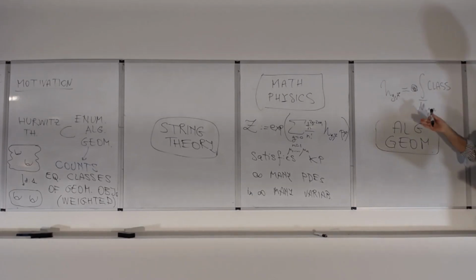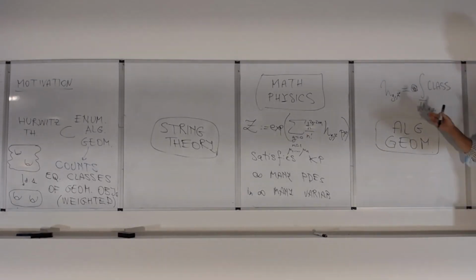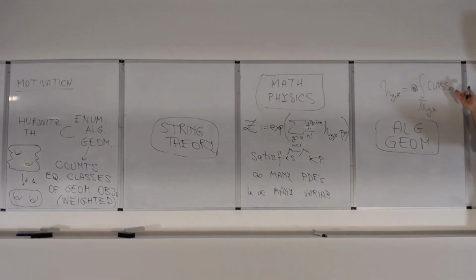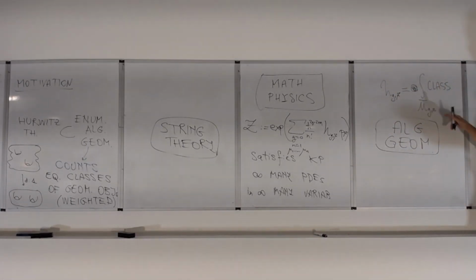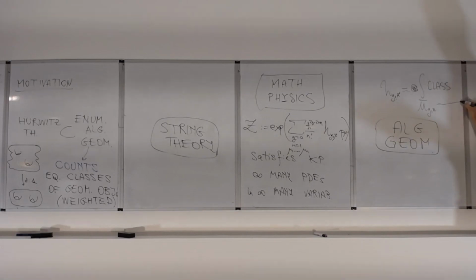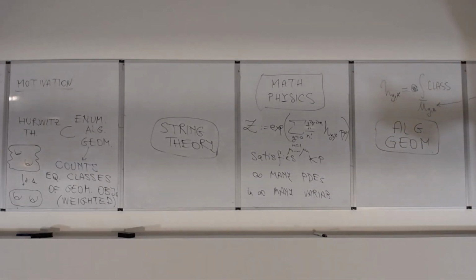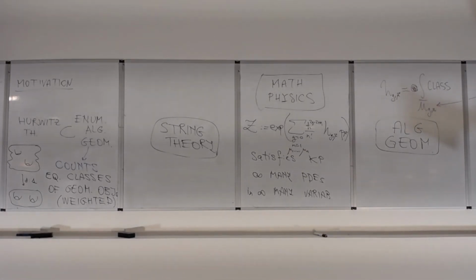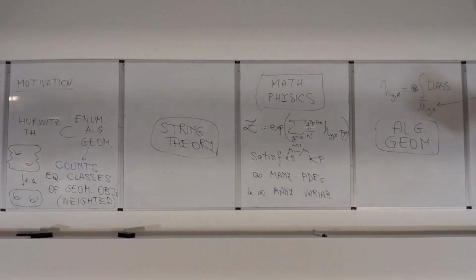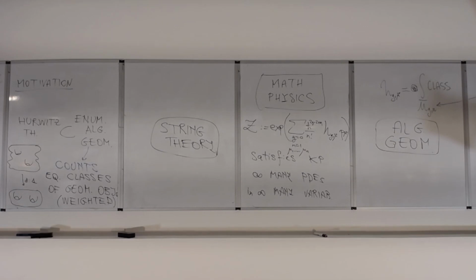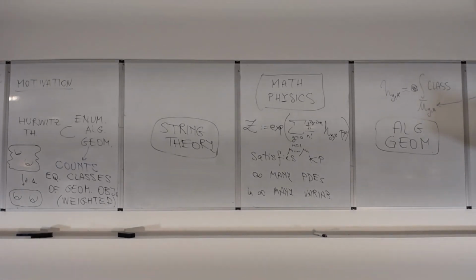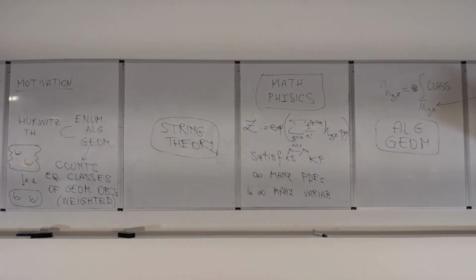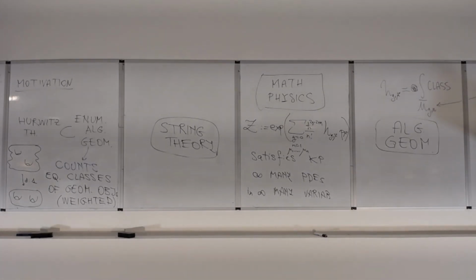I want to say that there is a formula that states that some Hurwitz numbers have a cohomological representation over the moduli space of curves. So this guy, I want to think of it as the moduli space of curves. And you have some genus g and some marked points n, so p_1, ..., p_n.